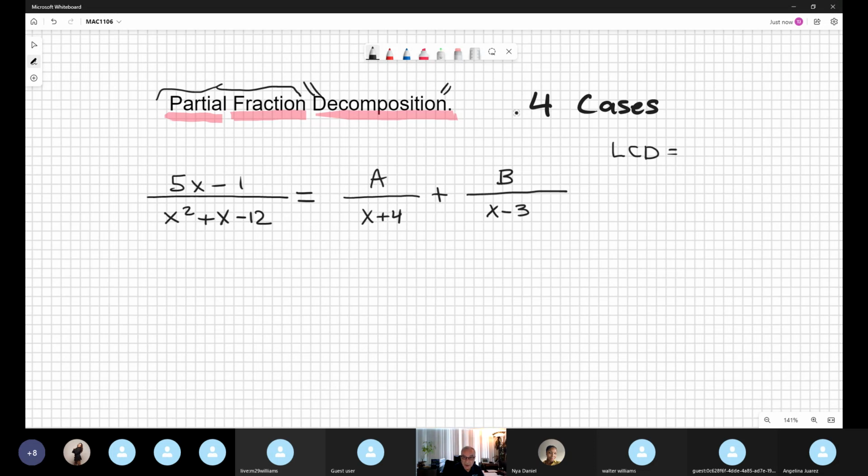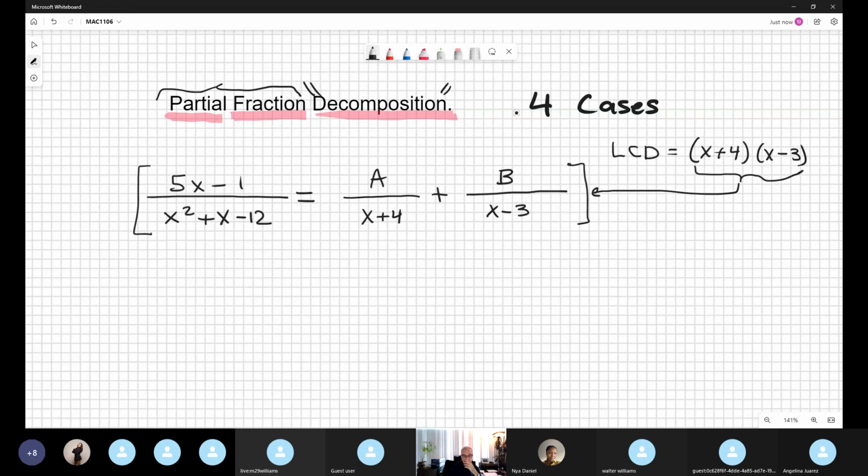The least common denominator is, in this example, the multiplication x plus 4 times x minus 3, which is the multiplication of the 2 factors in the denominator. And now you multiply everything by the LCD.